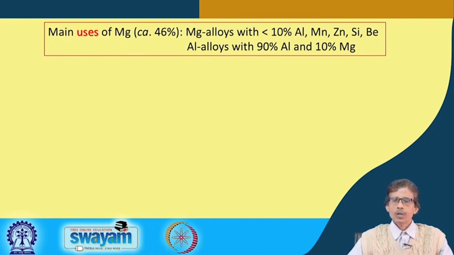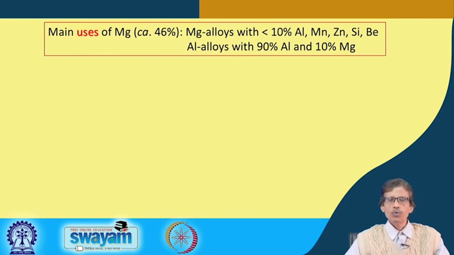Throughout the years, a history of 100 or more years, alloying has been utilized for different purposes. Two categories of alloys have been identified as very useful in terms of their magnesium content.